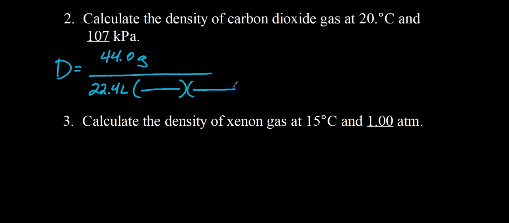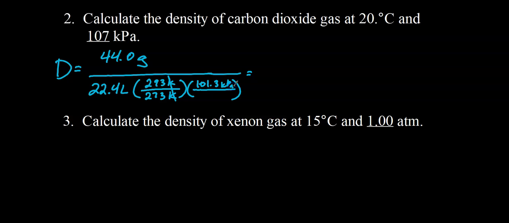So we're going to do like we did before and determine volume at conditions other than STP. Temperature, 20 degrees Celsius, that is greater than standard temperature. So if the temperature goes up, volume will go up. So we have 293 over 273. And then also apply our ratio of pressures. 107 kilopascals is greater than standard pressure. So pressure goes up, volume goes down.